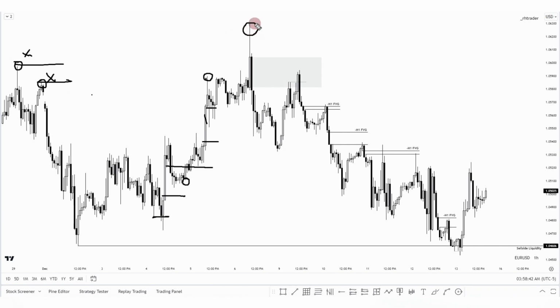Then and only then, when price breaks down lower, we expect it to not hold bullish fair value gaps, but bearish fair value gaps to take over. So this can be seen when we look at price after the smart money reversal has taken place.